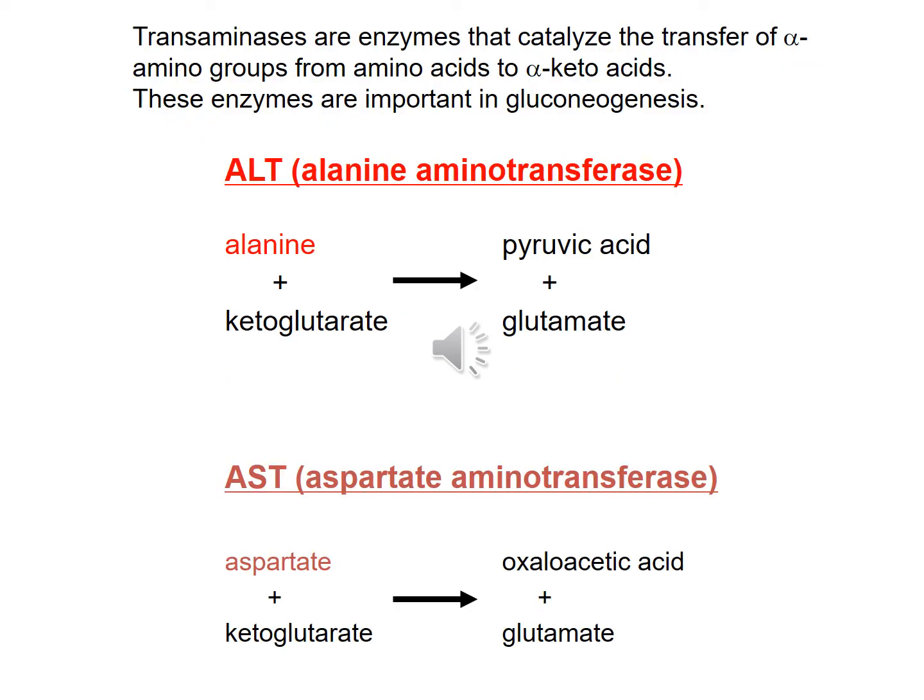And now, what are transaminases? Transaminases are enzymes that catalyze the transfer of alpha amino groups from amino acids to alpha keto acids. These enzymes are important in gluconeogenesis. That's why they are called aminotransferases.